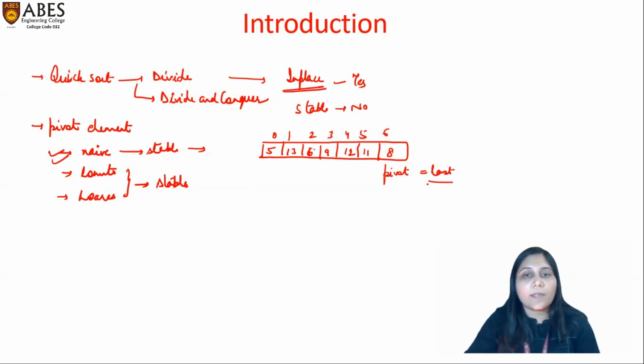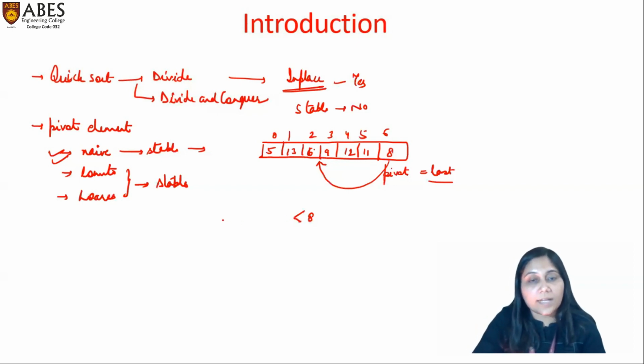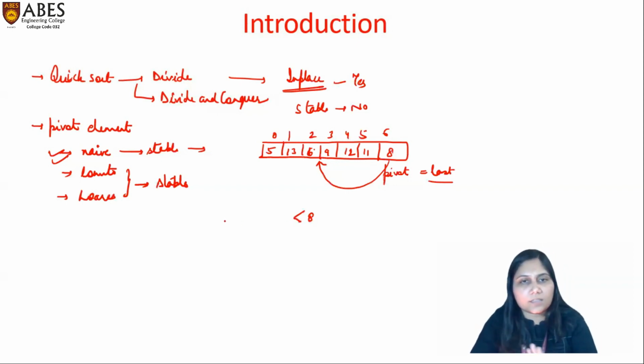Always remember this. And this 8 you have to place in the array in such a way that all the values less than 8 will come on one side, whether sorted or unsorted, that doesn't matter, and all the values greater than 8 will go to the right hand side.